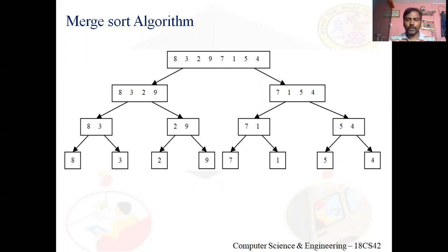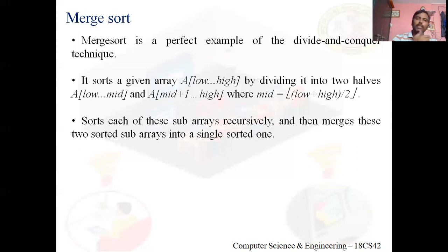So in general, now look at this point, the second point I have written: it sorts a given array A of low to I by dividing into two parts. A of low to mid, that is 0 to 3, is one subarray. Then mid plus 1, that is 4 to 7, is the second subarray, right? Clear?